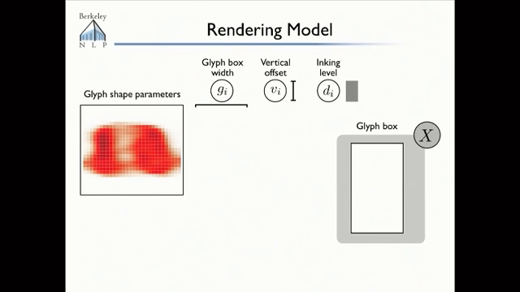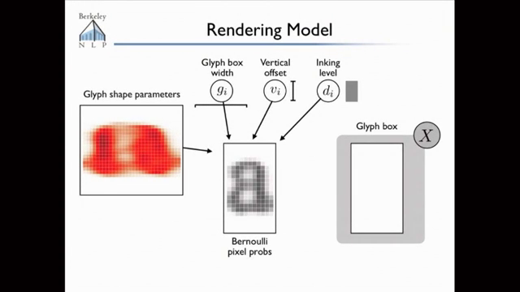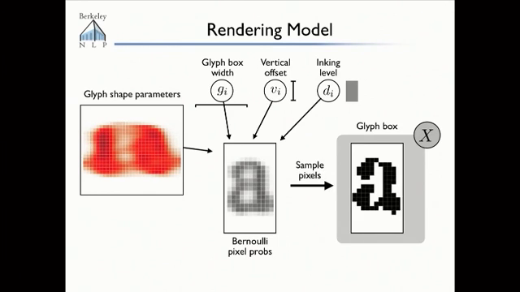These glyph-shaped parameters combine with the current glyph box width, the current vertical offset, and the current inking level to produce an intermediate grid of Bernoulli pixel probabilities that has the same dimensions as the glyph box token that we're trying to fill in. Once we've done that, we can just sample the pixel values in the glyph box from the corresponding Bernoullis.